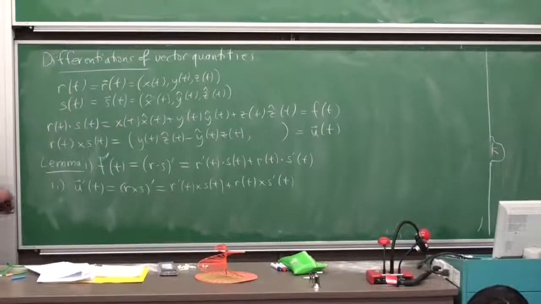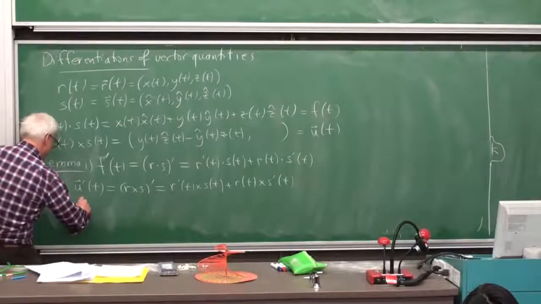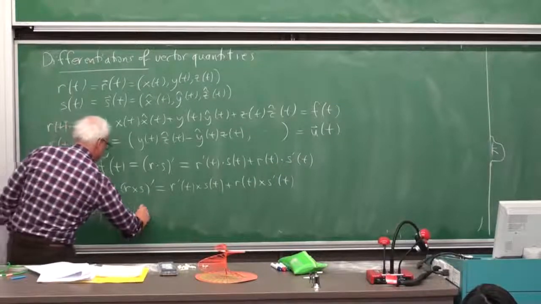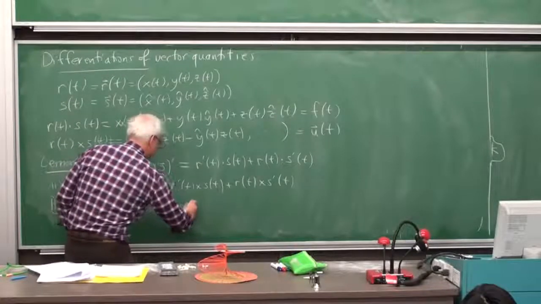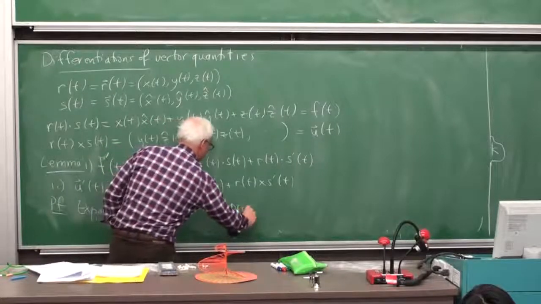So it's just like the ordinary product rule that we know for functions of one variable, but extended to this vector case. And the proof is just a simple computation where you just expand in coordinates and use the usual product rule.